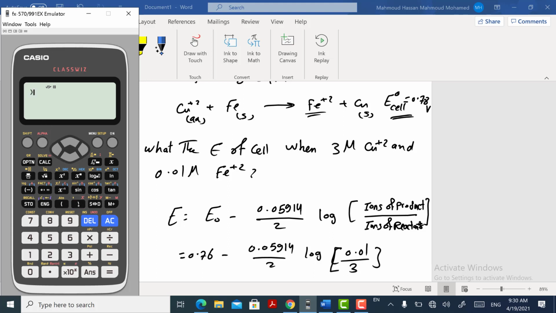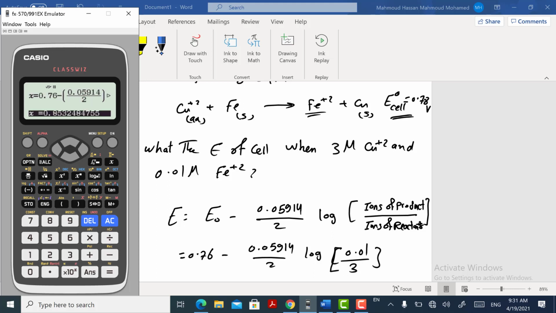Alpha X equals 0.76 subtract, open bracket fraction 0.05914 divided by 2, close the bracket, log, fraction 0.01 divided by 3, close bracket.